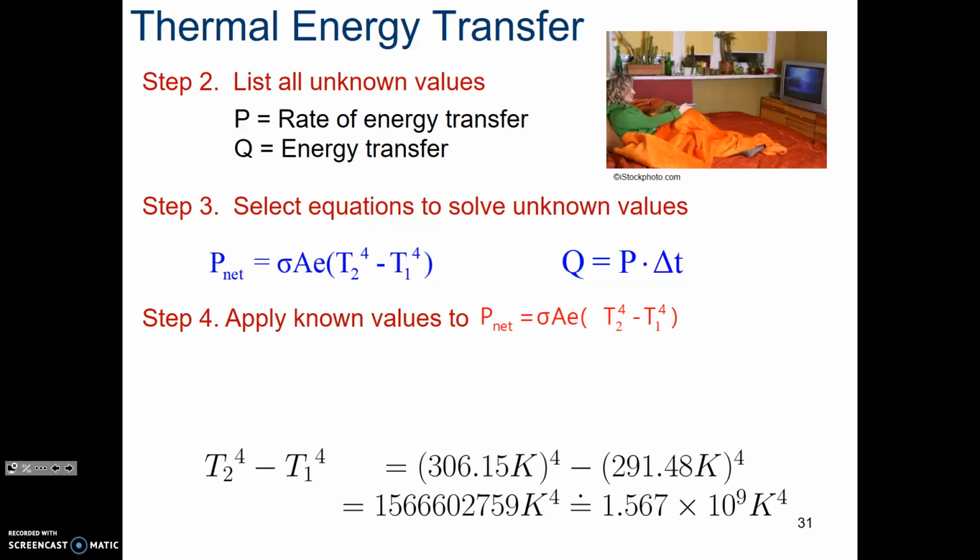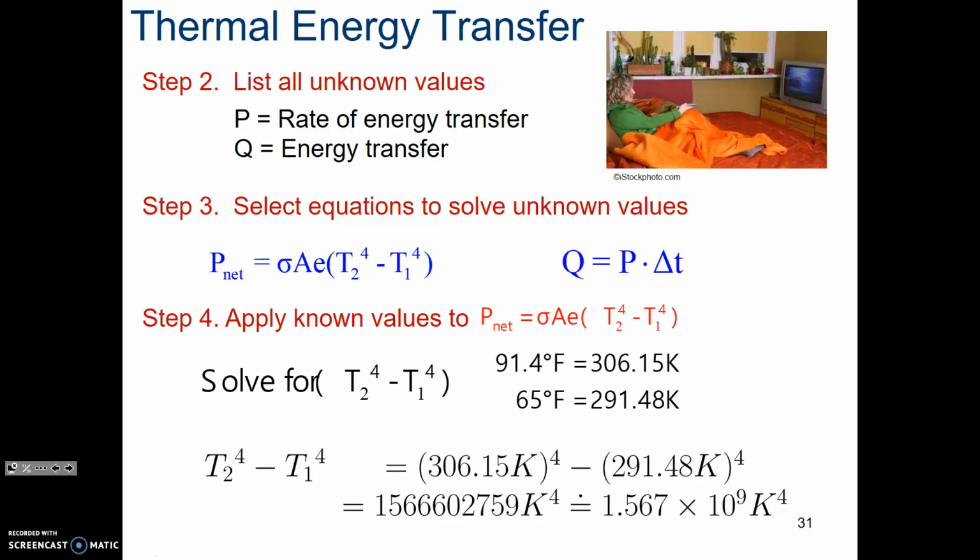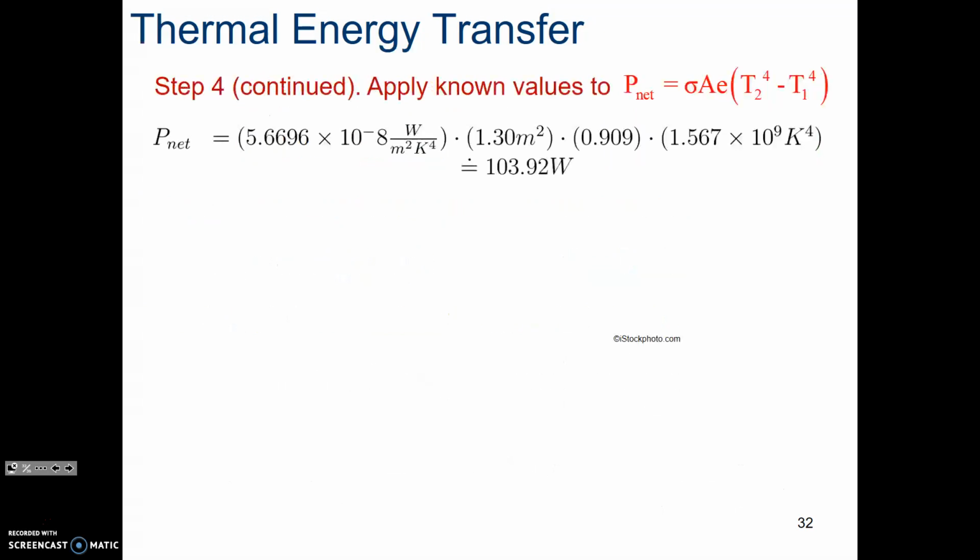Alright, so we put in that. Our power is that one with Stefan's constant, area times the emissivity times the fourth power of the temperature difference. We plug those in and we solve for the temperature difference, and then we take it to the fourth power, and then eventually plug in all our numbers and we get a power of 103.92 watts.